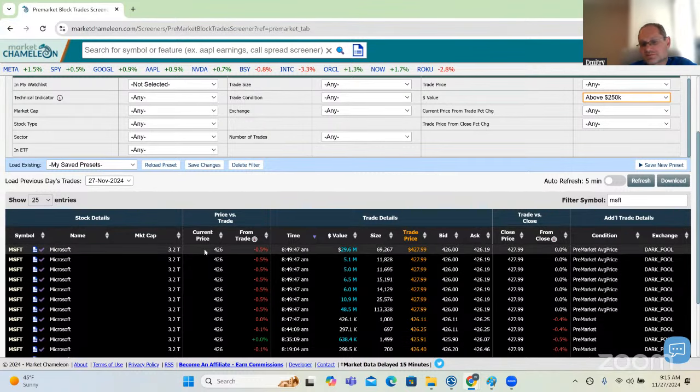But unlike the lit exchange, if you put that on a lit exchange, that order will start eating up the book. It'll start buying everything up to $430 until you get your full shares, and you could drive up the price, right? Because whatever is available on the New York Stock Exchange, you'll take that.